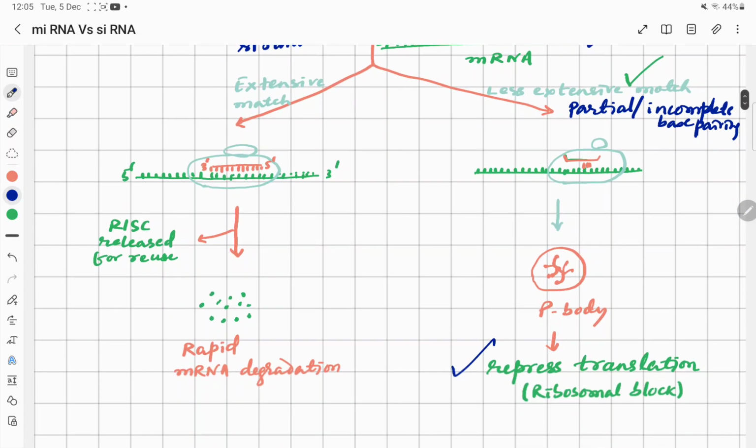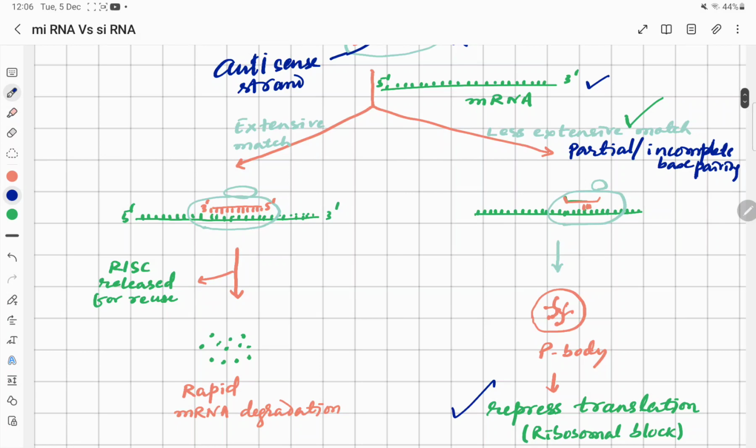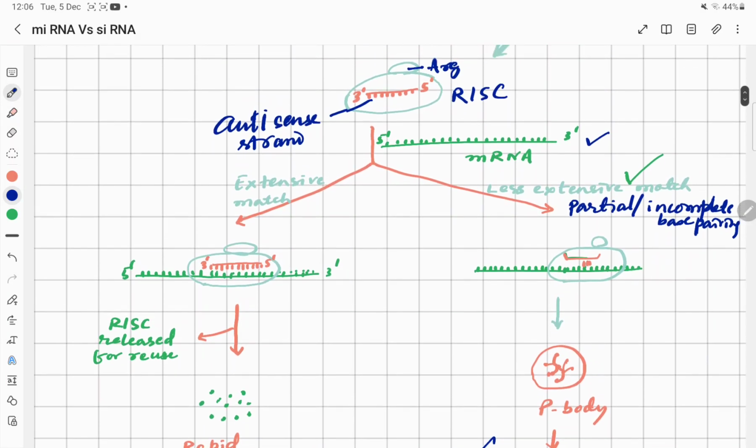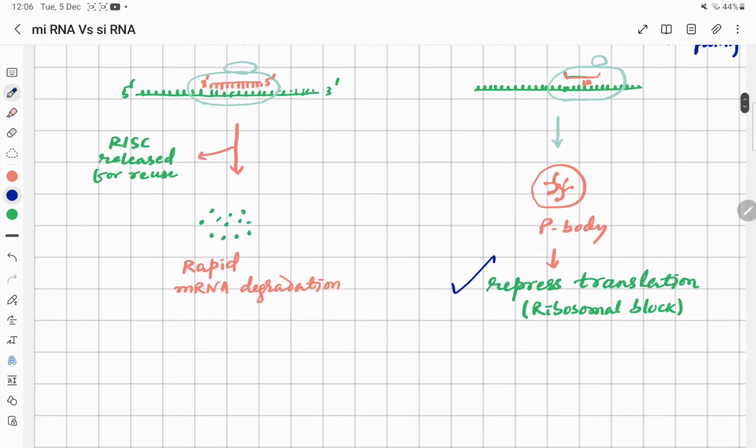That will cause the formation of P body, and there will be a ribosomal block and it will repress translation. However, if there is an extensive match or complete base pairing, then that will release the RISC, RNA induced silencing complex, and there will be rapid mRNA degradation. However, mostly in case of microRNA this incomplete base pairing occurs.